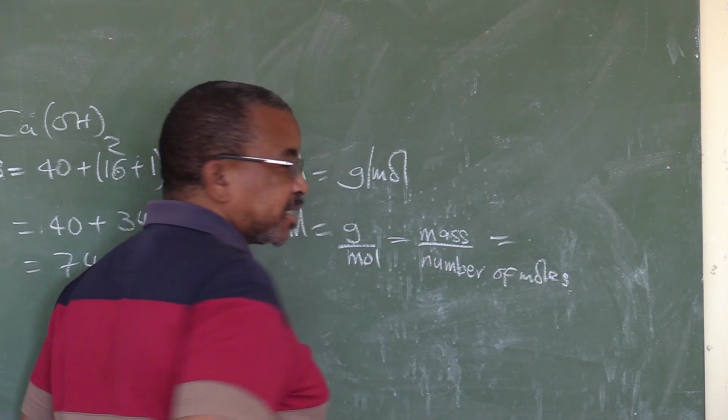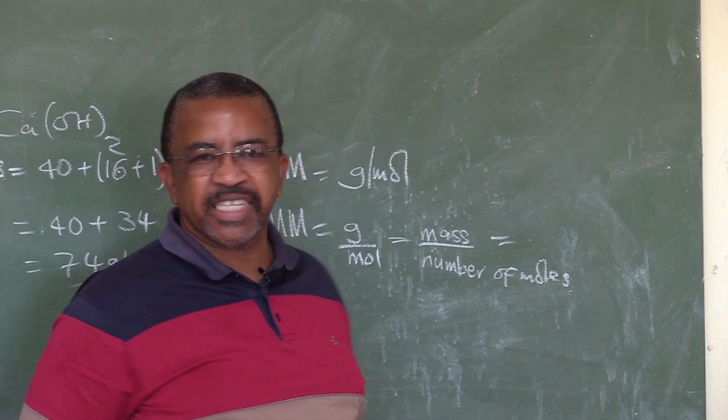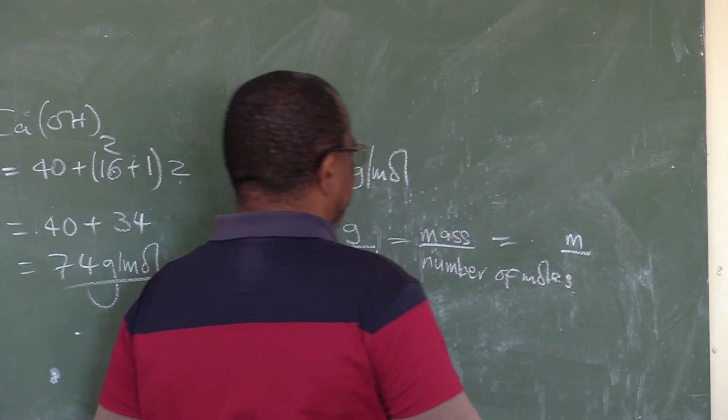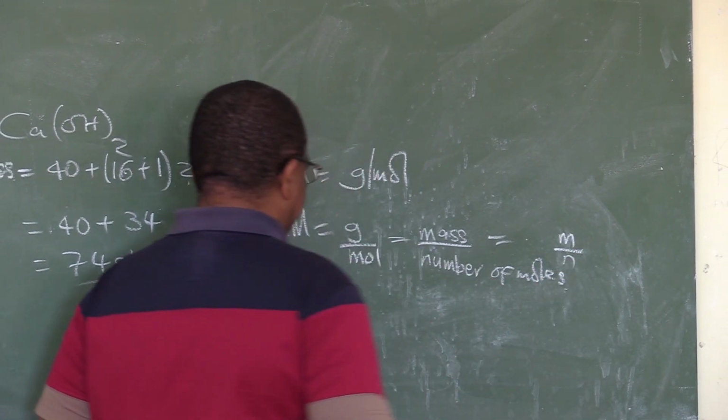So mass is abbreviated as small m. Number of moles is n.